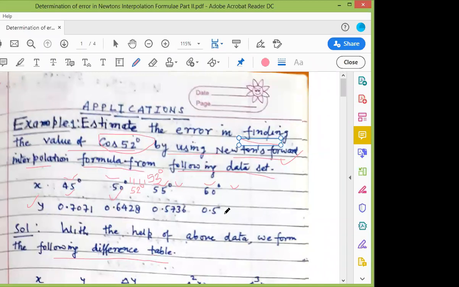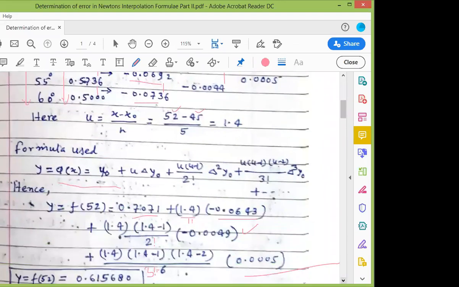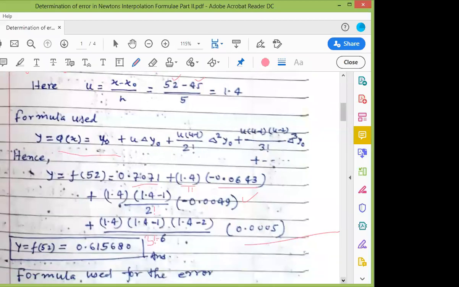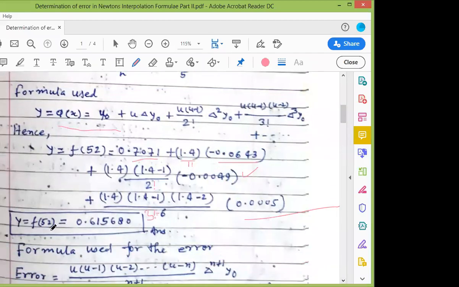Degree 3 means the third difference gives a constant value and the fourth difference gives 0. This is the fundamental property we use everywhere. Then y(52) is 0.615681. This is one part of the problem.